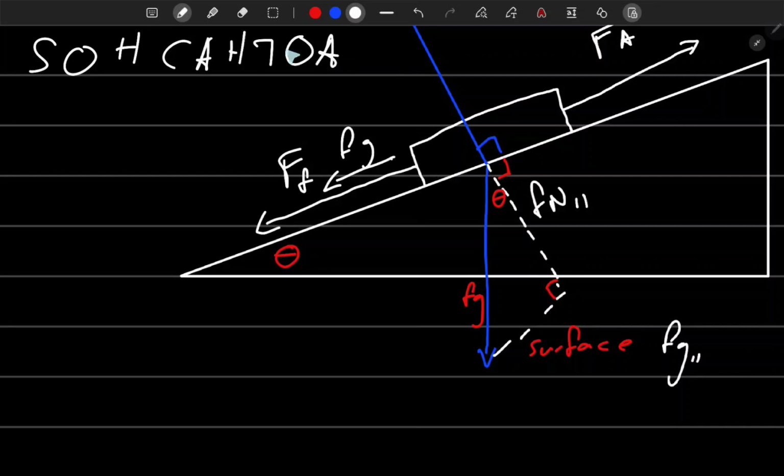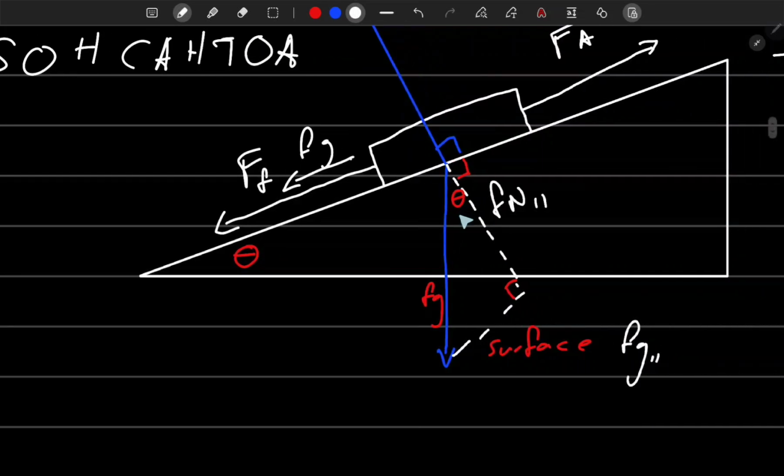It just helps you with trig ratios to say, when you have an angle, and our angle is here, how do we calculate this component? So we have our 90 degrees. This is the side opposite our 90 degrees, that's our hypotenuse. So if I want to calculate this side here, I'm going to have to use cos.